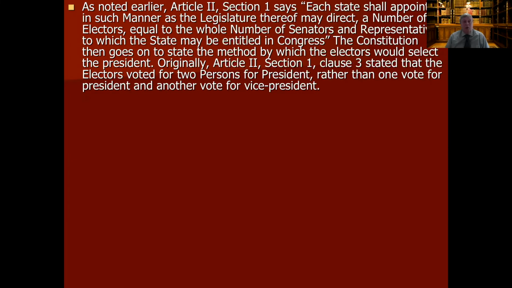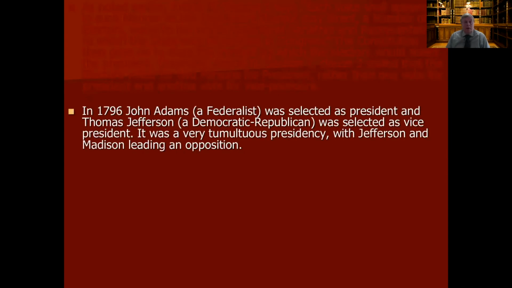Originally, Article 2, Section 1, Clause 3 stated that the electors voted for two persons for president rather than one vote for president and another vote for vice president. So in 1796, this is the first time we ran into problems with the original Constitution. John Adams, who was a Federalist, was selected as president, and Thomas Jefferson, a Democratic Republican, was selected as vice president.